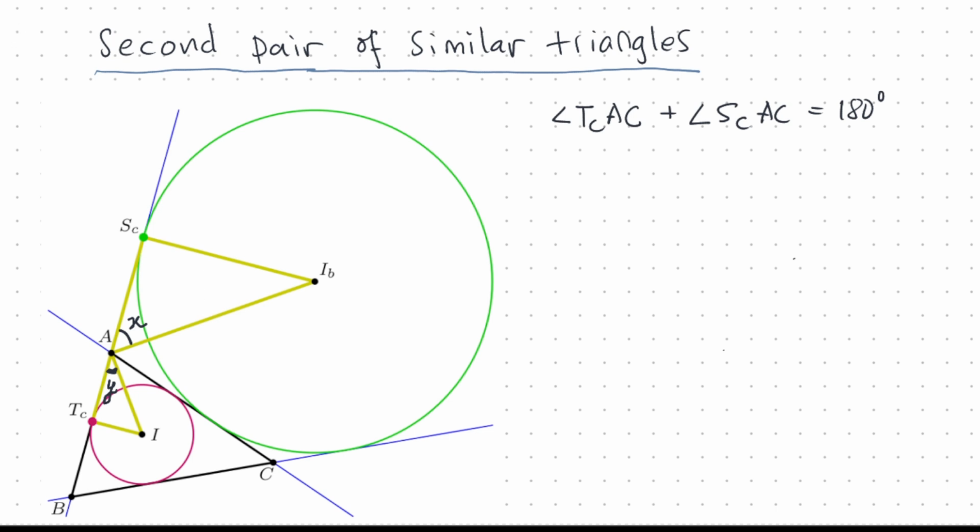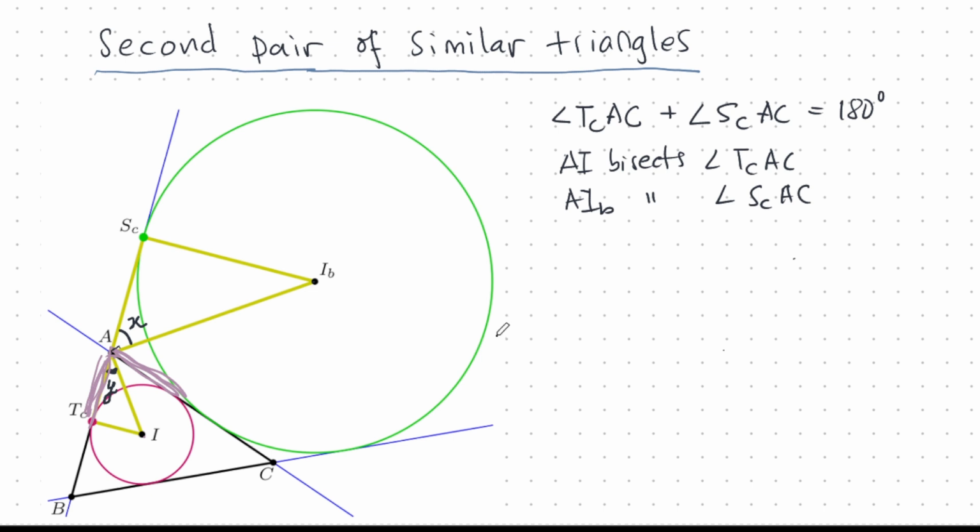So the first thing we can notice is that, let me draw this. These are two tangents, okay? And the line AI bisects this angle. So AI bisects angle TCAC. And likewise here, AIB bisects angle SCAC. How do I know that?